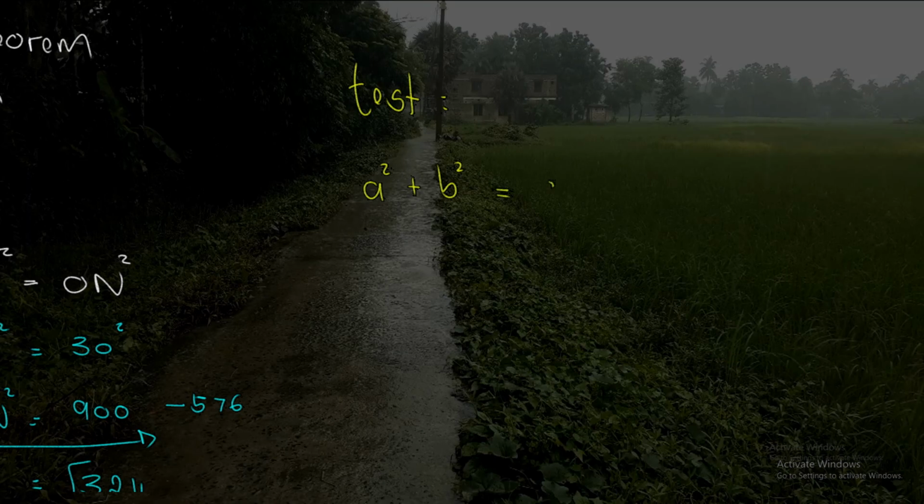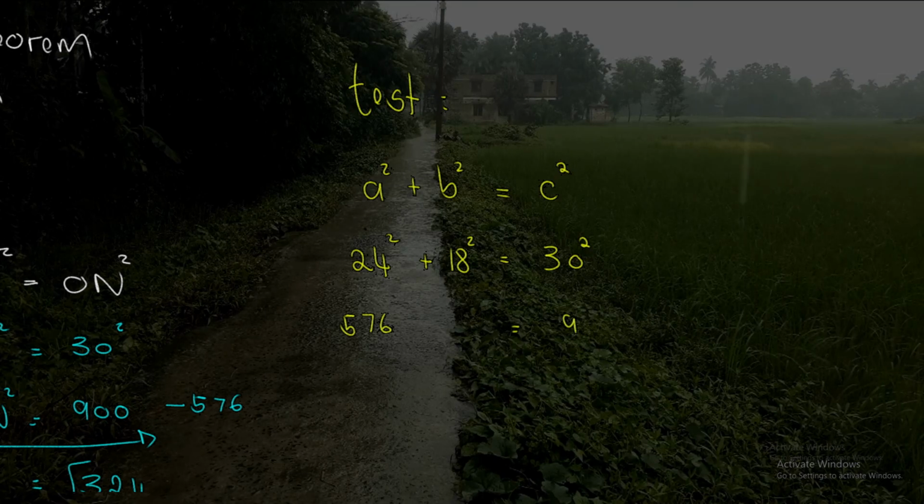Since a squared plus b squared has to equal c squared, we have 30 centimeters. It's supposed to be 24 squared plus 18 squared. This one gave me 576, this one is 900, and 18 squared, 18 times 18, is 324.